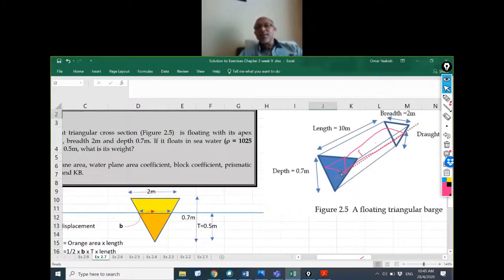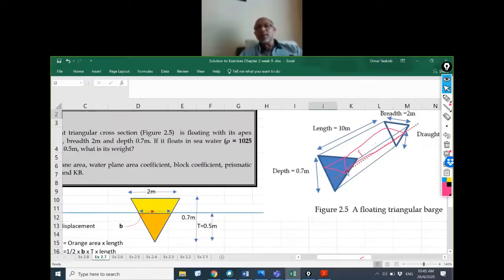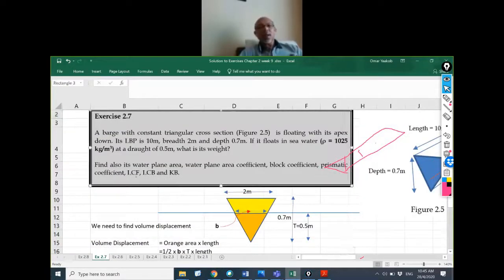So this is the volume underneath. The box surrounding is L times B, 1.43, times T, which is 0.5. So that's CB. And then prismatic coefficient is volume divided by area at midship section, which in this case is the same as this area, multiplied by L. And LCF, since it is the water plane, it's just a rectangular box.